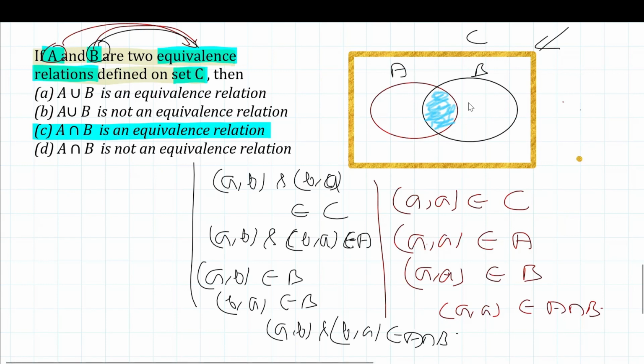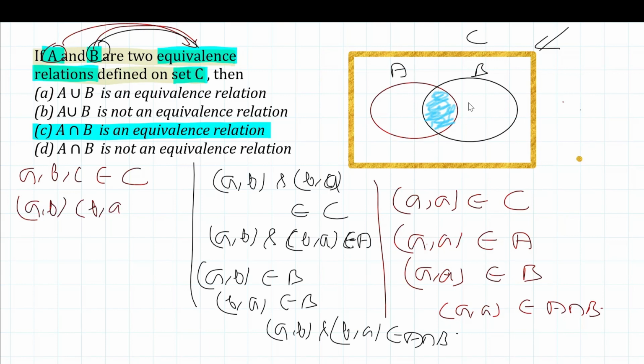The last one is transitivity. If I take A, B, C as three elements that belong to set C, such that AB and BC belong to relation A, we are looking for transitivity, and AC belongs to relation A. The reason, once again, is that A is an equivalence relation.